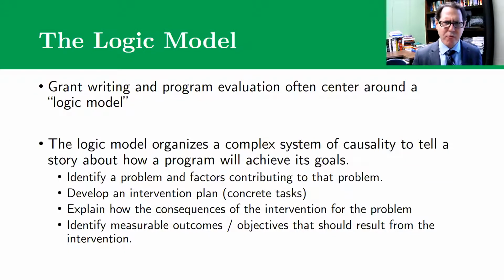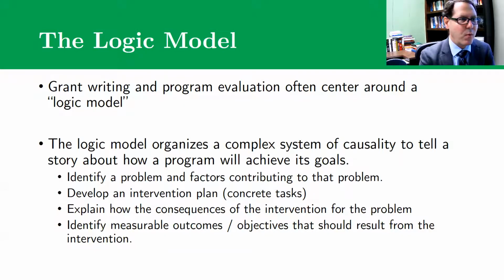You want to think through the story about what are going to be the short-term and long-term consequences of that intervention and how it affects things. And then you want to identify what are going to be the outcomes or the objectives that you're going to be able to measure. Particularly with outcomes, we're talking about things that are measurable that would help you to know, yes, I've made an effect or an impact. I've changed things because I did this process and used this intervention. And so it's that story about how all of this is going to fit together and puts it in a larger context.